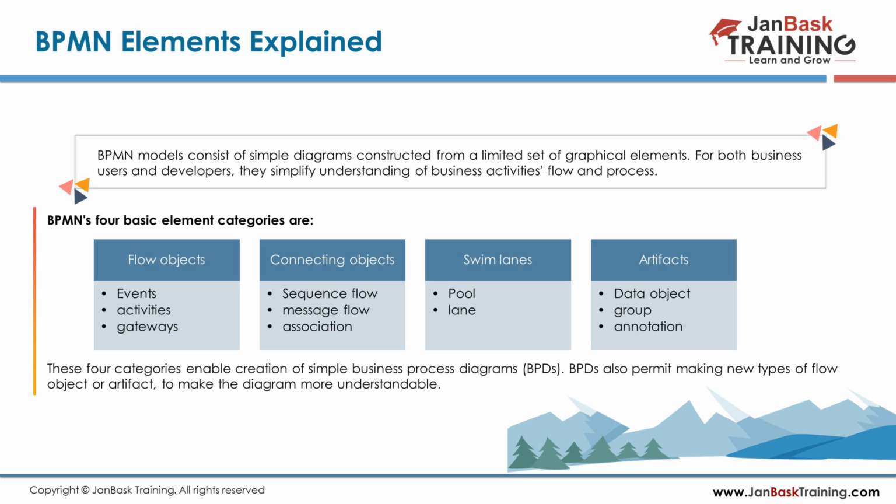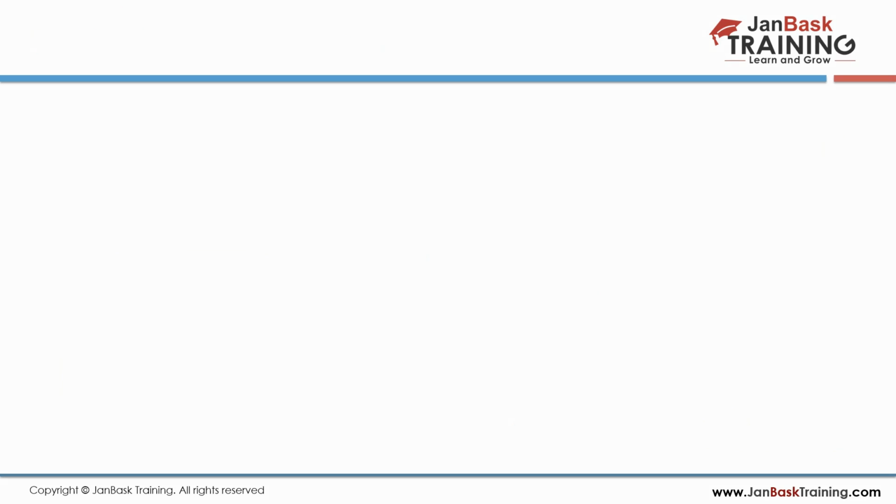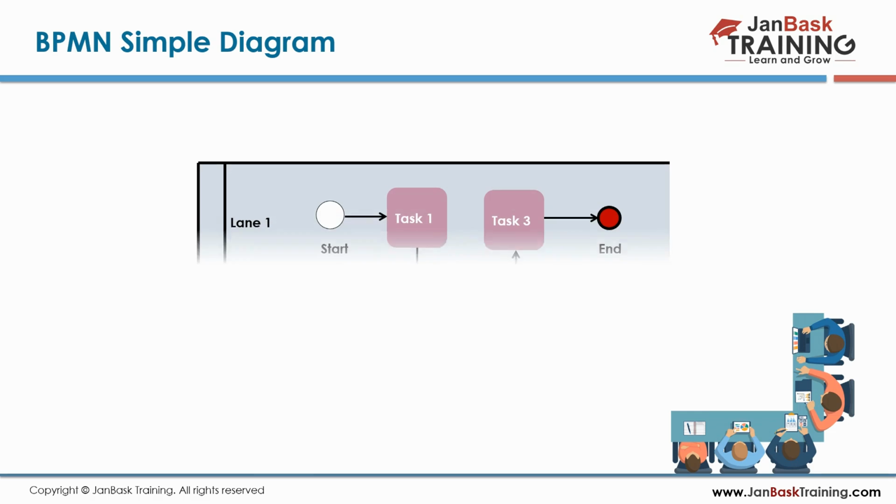Then swim lanes, which are nothing but the whole pool and lane that I'm going to show you. That's going to be our example because it's the most important one we usually use in BPMN. And the artifacts that come out of it are data objects, groups, and annotations, which we use for creating the BPM and drawing diagrams.